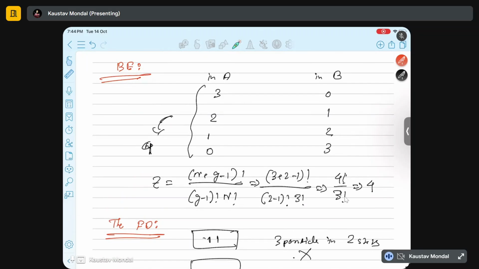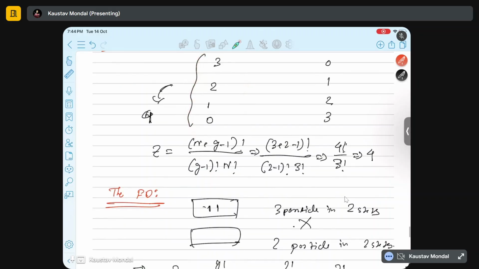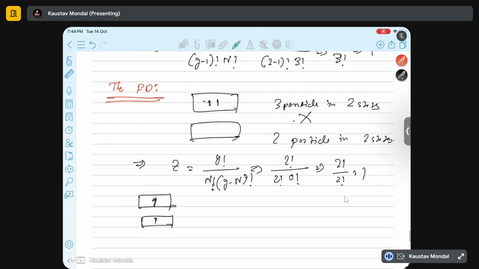Next is the BE statistics, where although the particles are indistinguishable, each of the states can still accommodate any number of particles. And here we got 4 types of distribution. And lastly, for the FD statistics, which includes Pauli's exclusion principle, one energy state cannot be occupied by more than 1 particle.